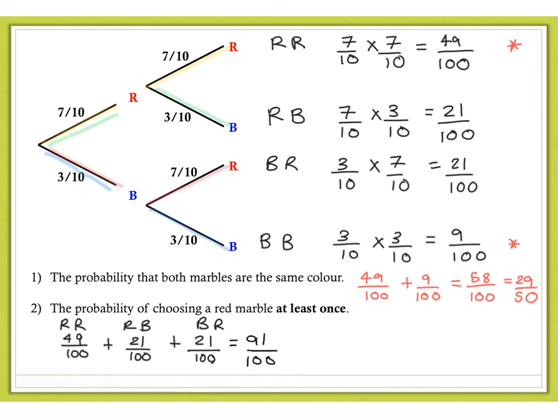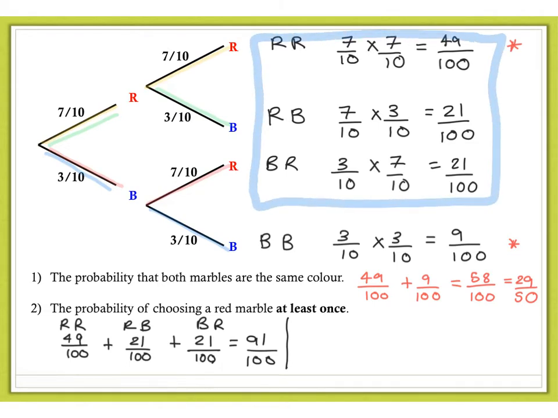We can also do this calculation in a slightly different way. If you notice, all of the options that we used were these 3 over here, all of which involved at least one red. The only option that we didn't use was this one over here. Now we know that the 4 possible outcomes, red red, red blue, blue red, and blue blue, form the only 4 possible options.